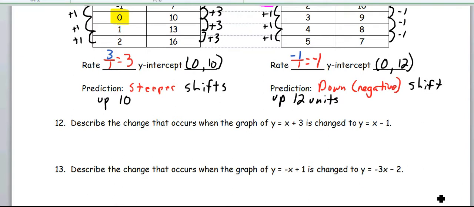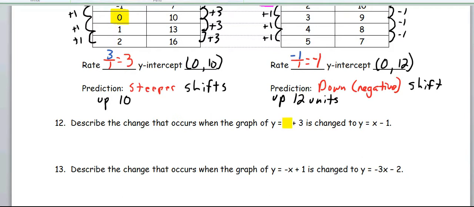So on number 12, we need to look at a couple of things. We're going to learn how to talk about steeper and shallower, shifting up and down when you have a verbal description. It says, describe the change that occurs when the graph of y equals x plus 3 is changed to y equals x minus 1. The first thing I'm going to do is look at the rate.